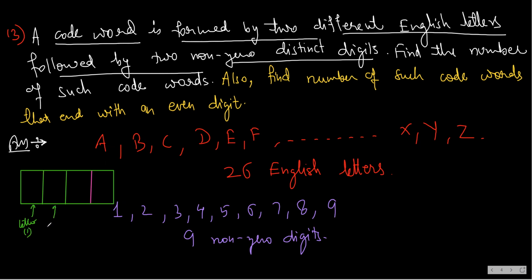Then here you have letter number 2. English letter number 1, English letter number 2. And then what do I have at these 2 places? It is a digit. This is digit number 1. And at this place also, I have digit number 2.